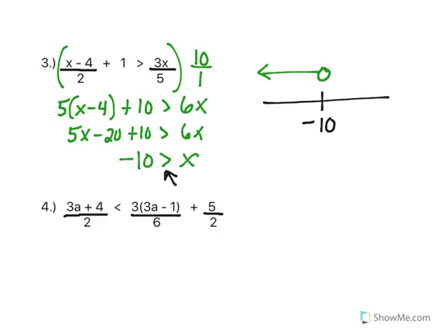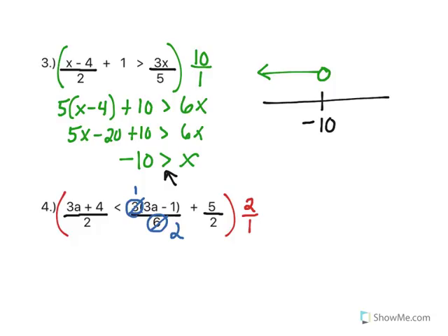Okay. Down here, you could say that the LCD on number 4 is 6, but you could also take a look at this right here. This reduces down to 1/2 to begin with. So then, the LCD is really 2. So we're going to go through and multiply everything by 2 here.